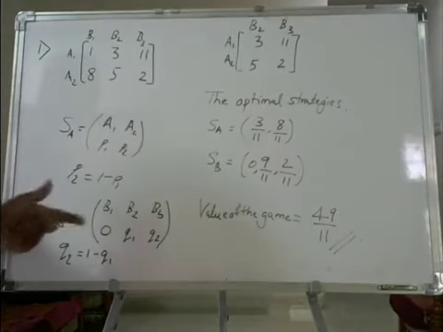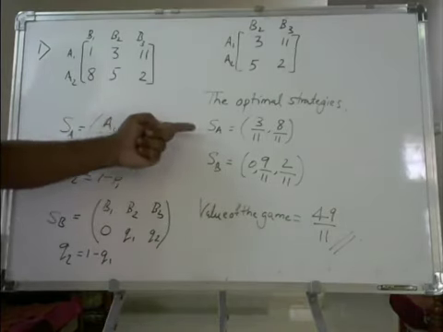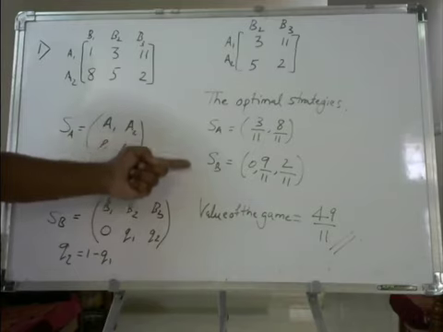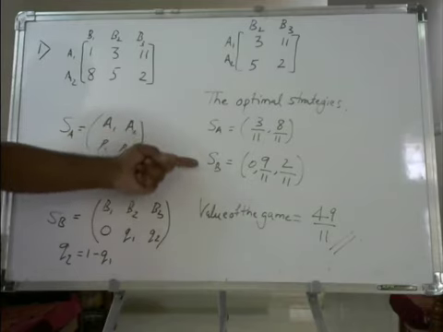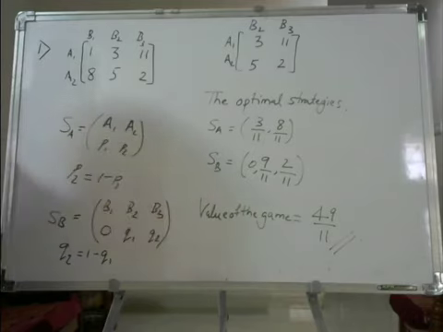So finally, you have got the optimal strategies for player A and player B, and also the value of the game.